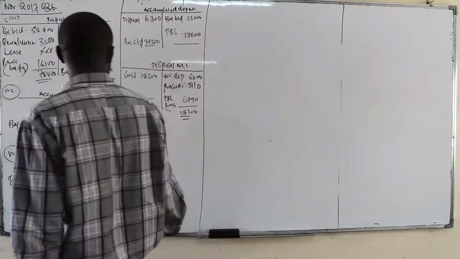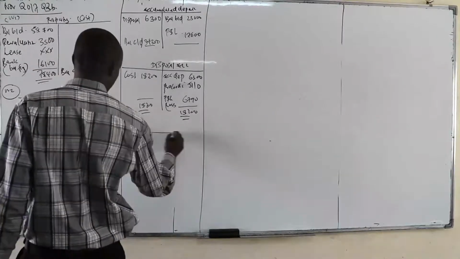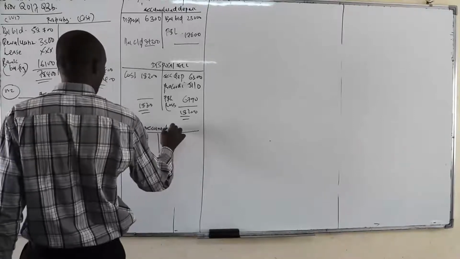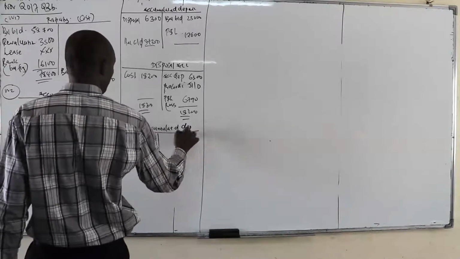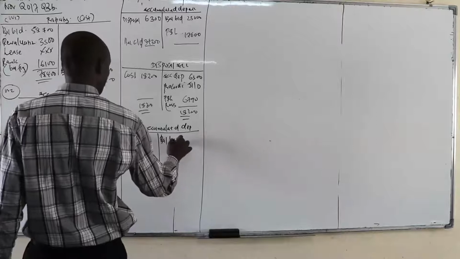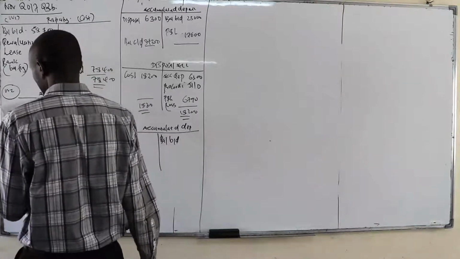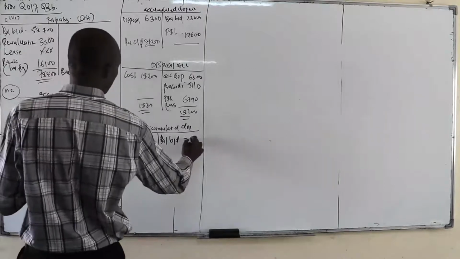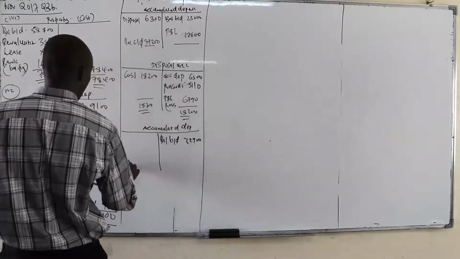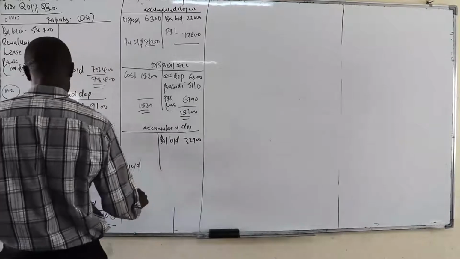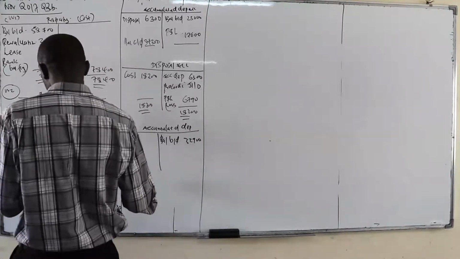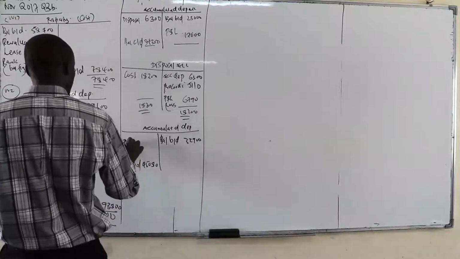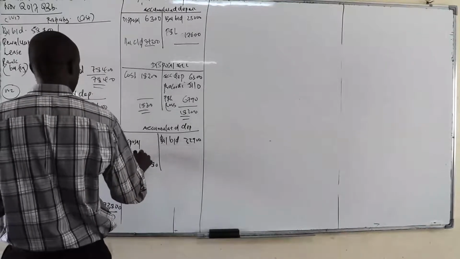So you can also sometimes use the accumulated depreciation account. The total accumulated depreciation balance brought down was how much? 32,900. Balance carried down is how much? 45,080. Disposal is how much? 6,300.